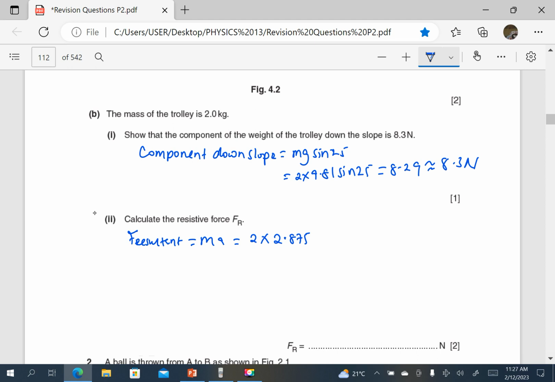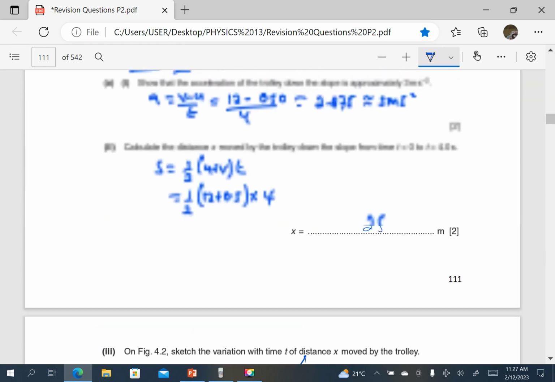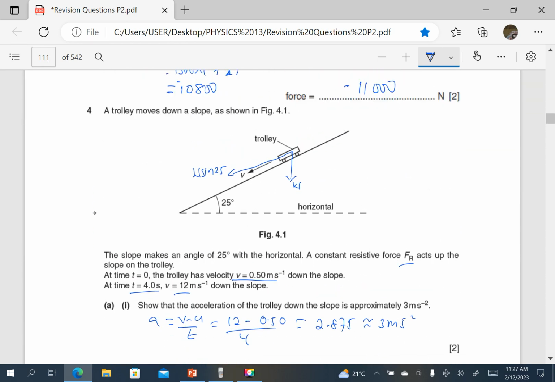The resultant force here is the difference between the component down the plane and the resistive force up the plane. The resistive force is upwards, the component down the plane is this one.